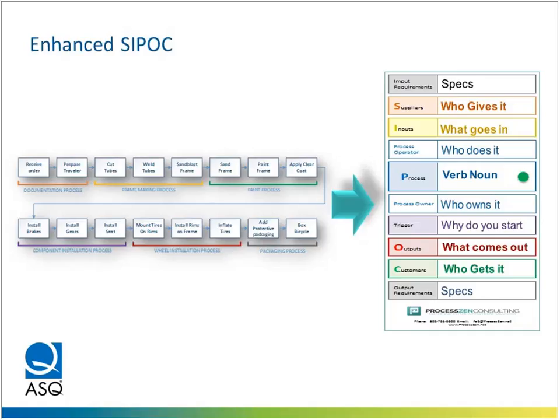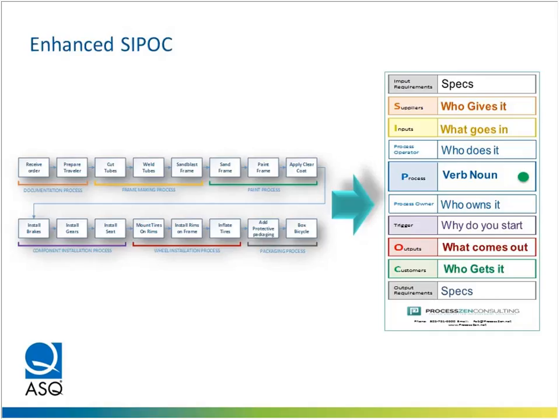Once you've identified that, then we will follow the same process we normally use for a SIPOC. For each step, we will ask what goes in it, in other words, what's the input, and who provides it, who gives the input, that's the supplier. Once we do that one by one, we will go back to the beginning, and for each step, we will ask, what comes out of this step?